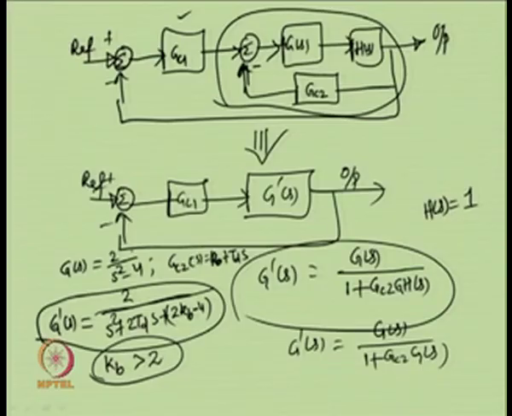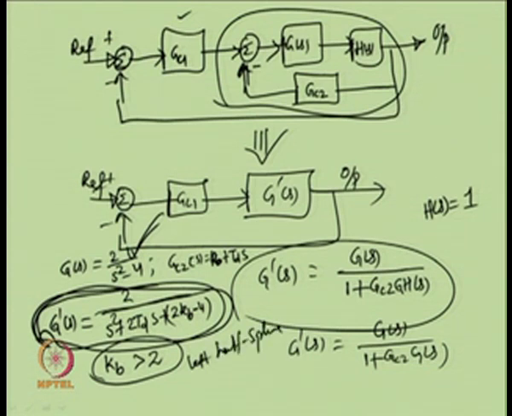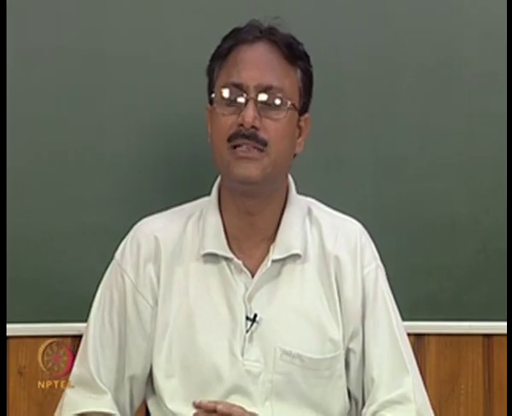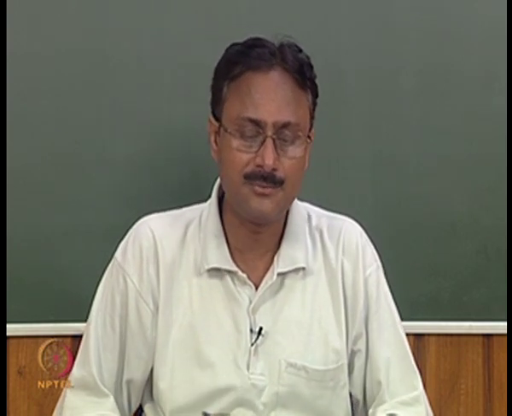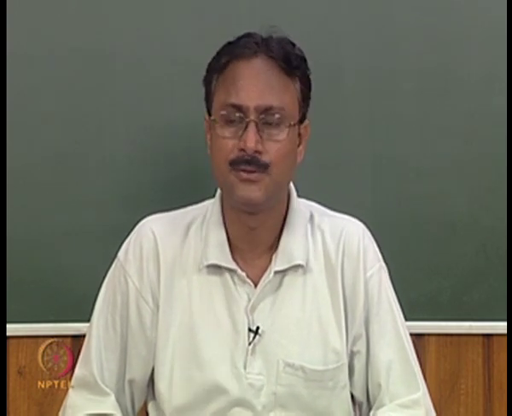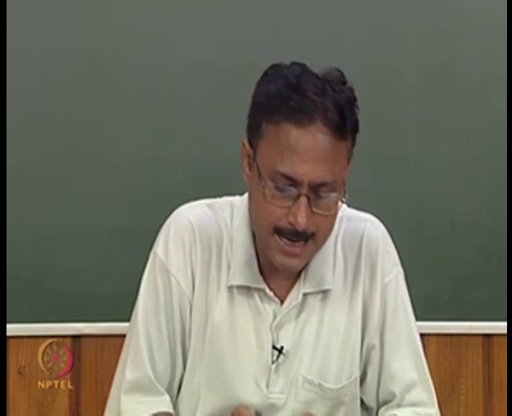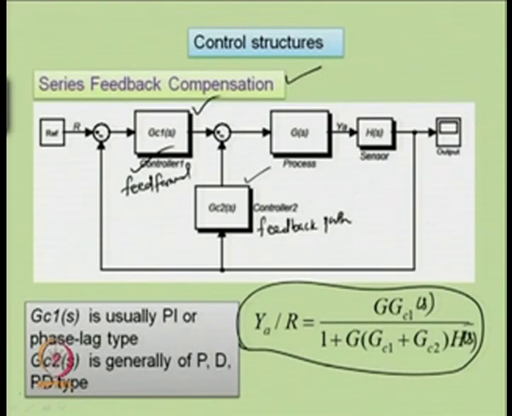So, the original process has a pole in the right half s plane. Now, the revised or modified process G dash has got both its poles located in the left half s plane, thus giving us a modified process convenient to control. That is the benefit we get from the series feedback compensation schemes. And next, the controller GC1 is designed for overall improved performance of the closed loop control system.